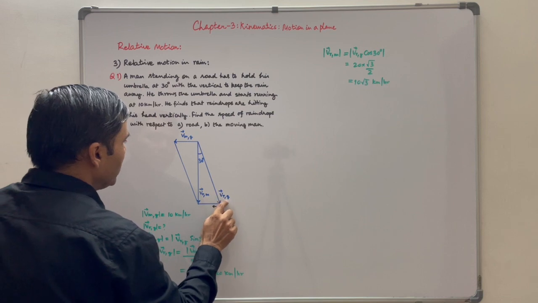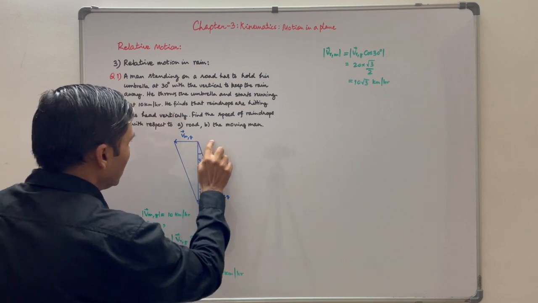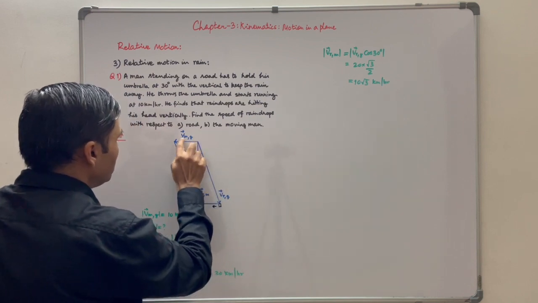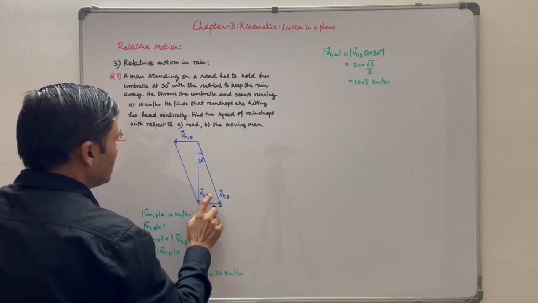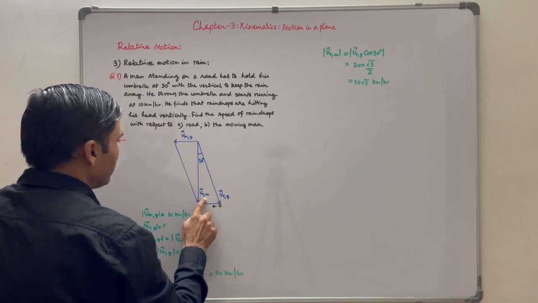We will resolve VRG into two components, one vertical and one horizontal. We will equate the horizontal component with VMG and the vertical component will be VRM. In the first part, we have to calculate VRG, and in the second part, we have to calculate VRM.